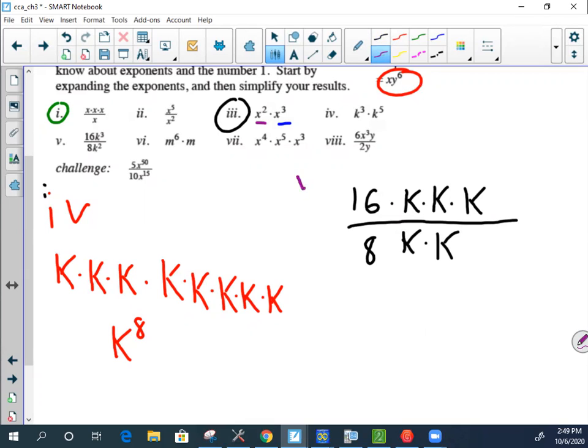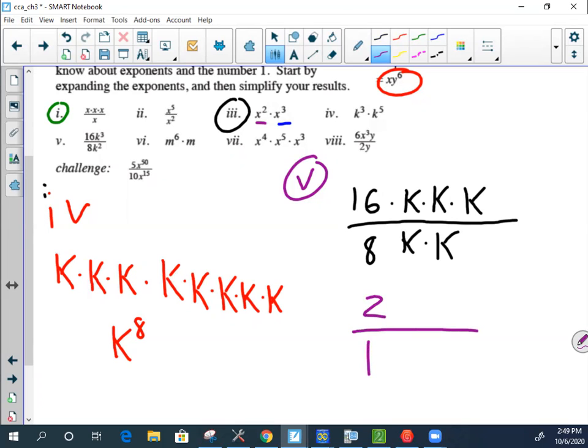In number 5, I wrote out 16 times k times k times k divided by 8 times k times k. Now, I'll start with this. I know 16 divided by 8 is equal to 2, so I can simplify that to 2 divided by 1.